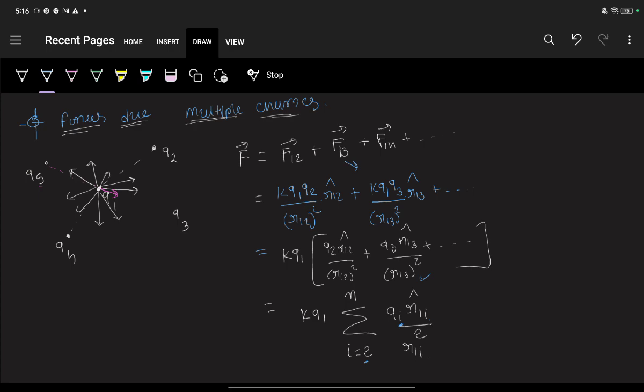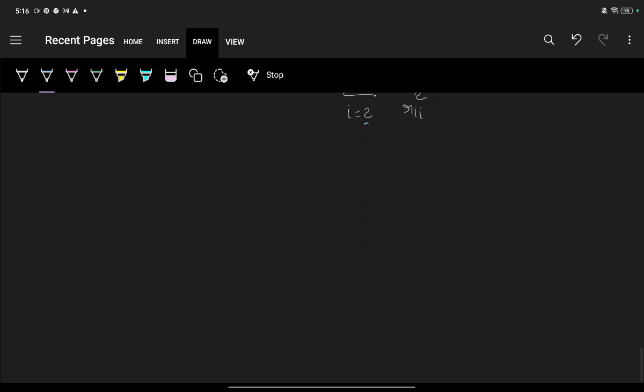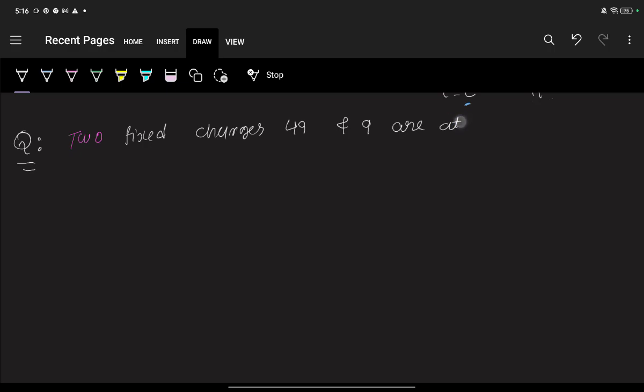Yes, sir. Okay. Now there is one interesting question that we are going to do here. The question says two fixed charges plus 4 coulomb and plus q are at a distance 3 meter apart.